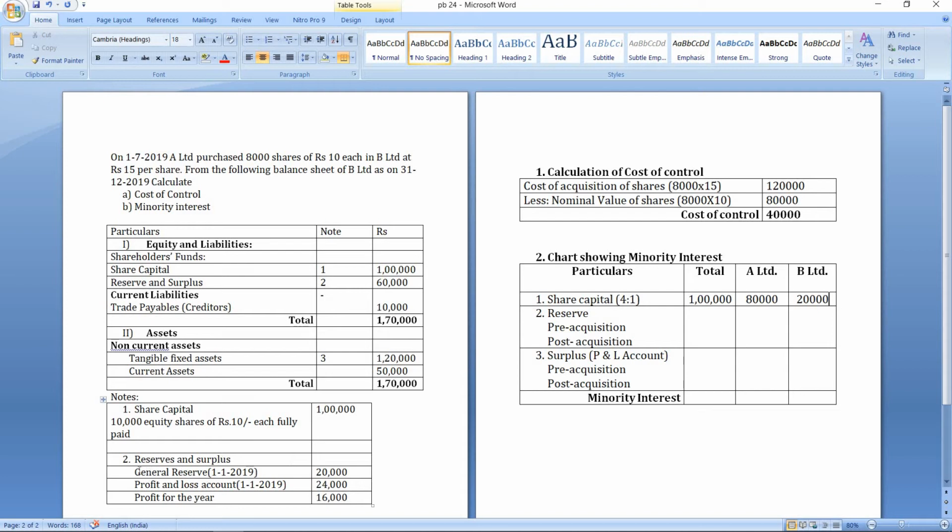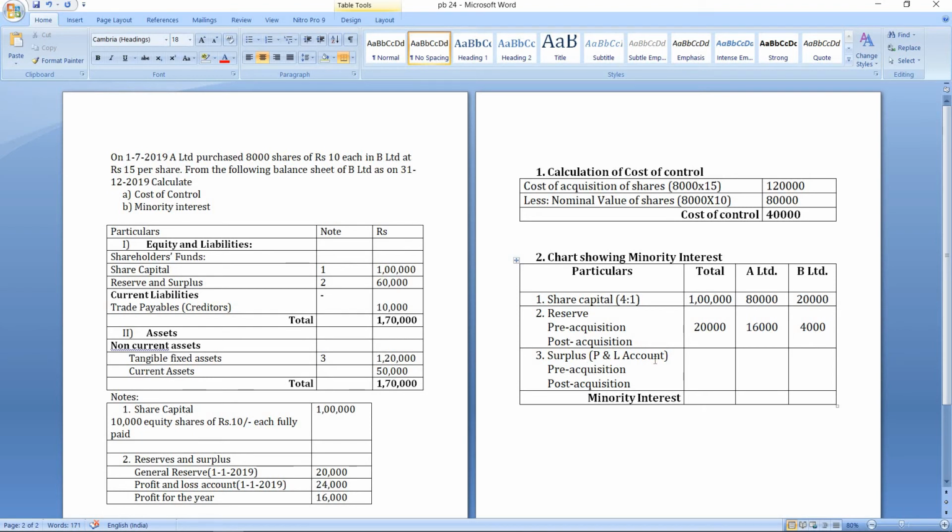There is no other information given about reserve. So that is 20,000, which we have to divide between holding company and the remaining shareholders. 20,000 into 4 divided by 5, that will be 16,000. For remaining shareholders, 20,000 into 1 divided by 5, that will be 4,000. Now for post-acquisition reserve, we don't have any information, so post-acquisition reserve will be nil.